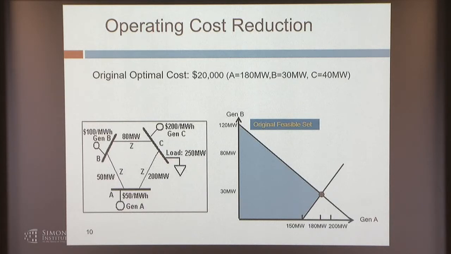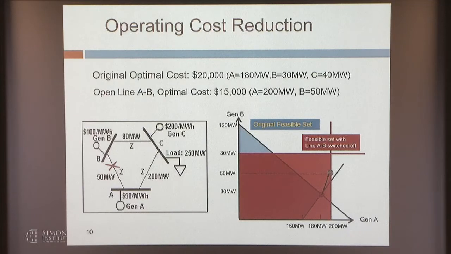So now if I want to supply 200 megawatts at location C, this is the optimum point. So this is the optimization. The optimum cost is going to be $20,000 an hour, 100 megawatts generated at A, 30 at B, and 40 at B. However, if I cut this line out, now this is the polyhedron.